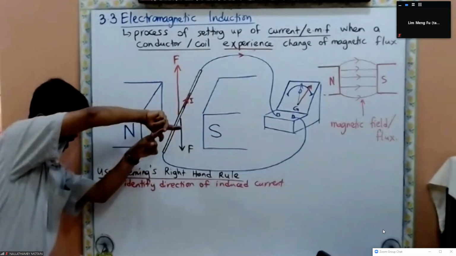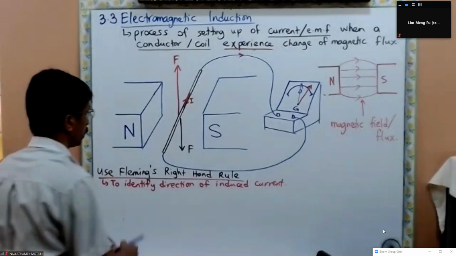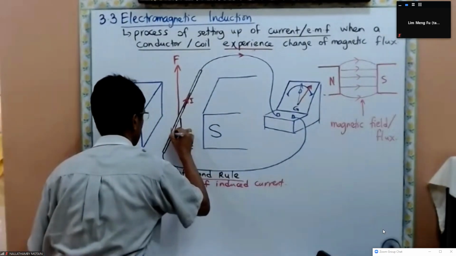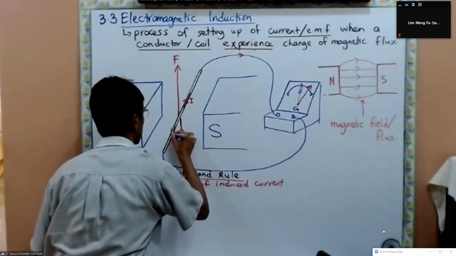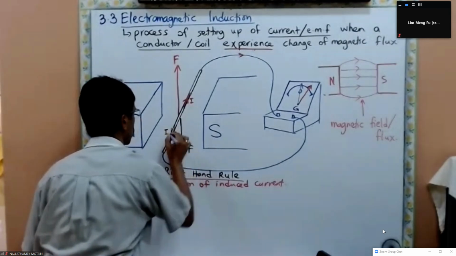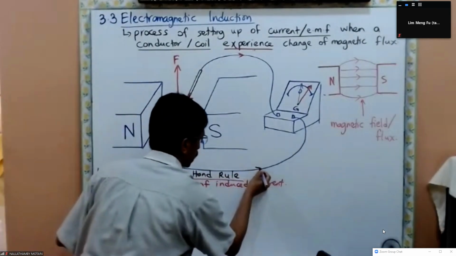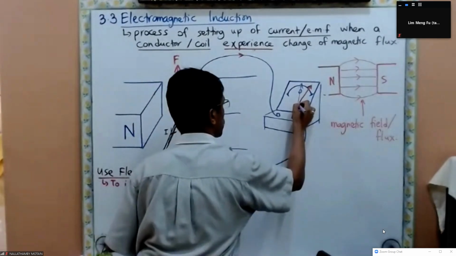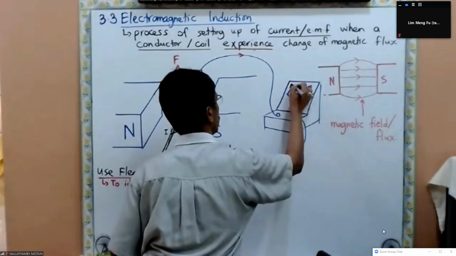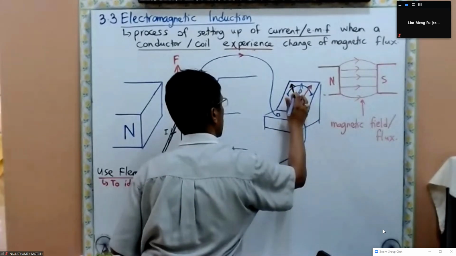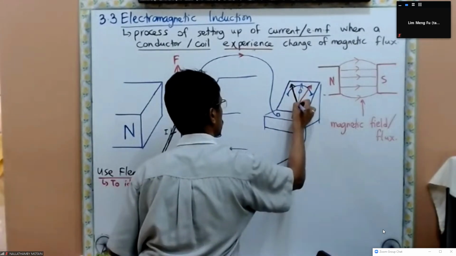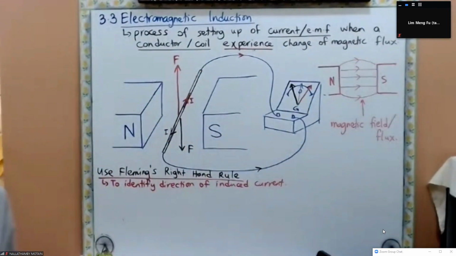It is outward. So if outward, this is the direction of the current flow. So when current flows in this direction, what happened? The pointer of the galvanometer will deflect to the left.